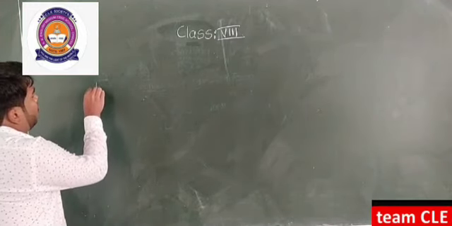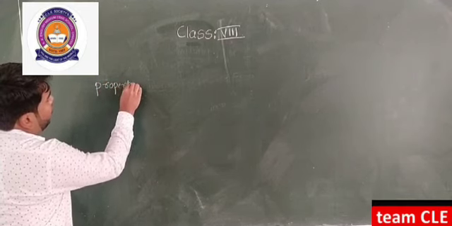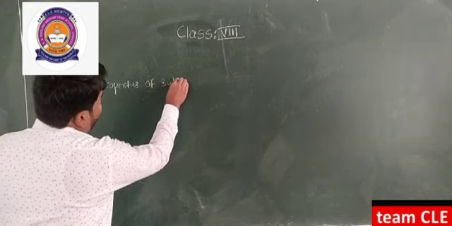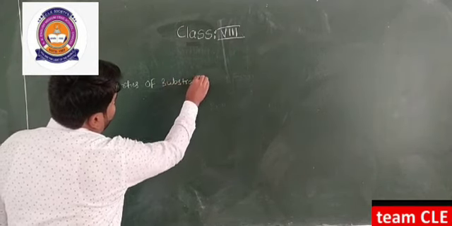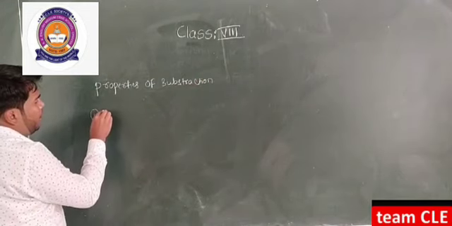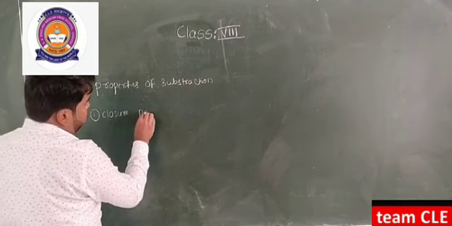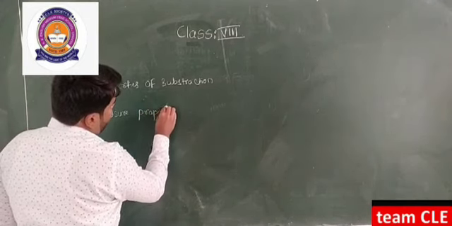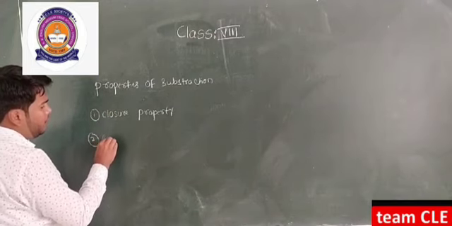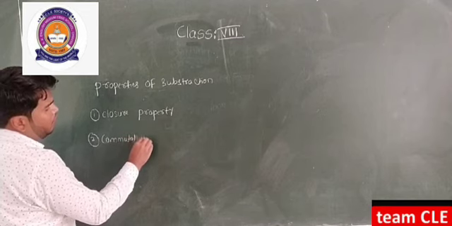In this session you are going to study the properties of subtraction. Is it satisfying the closure property? Second one, is it satisfying the commutative property?